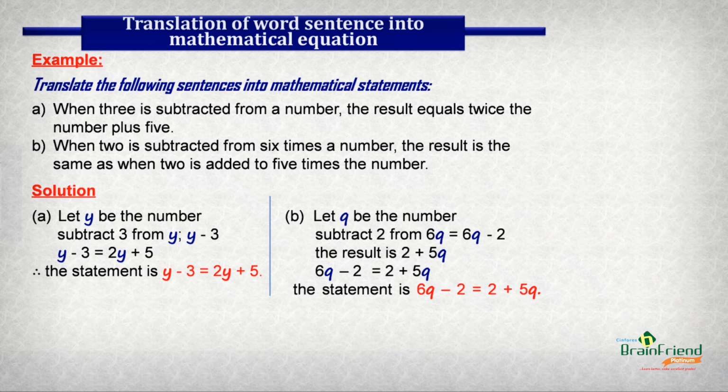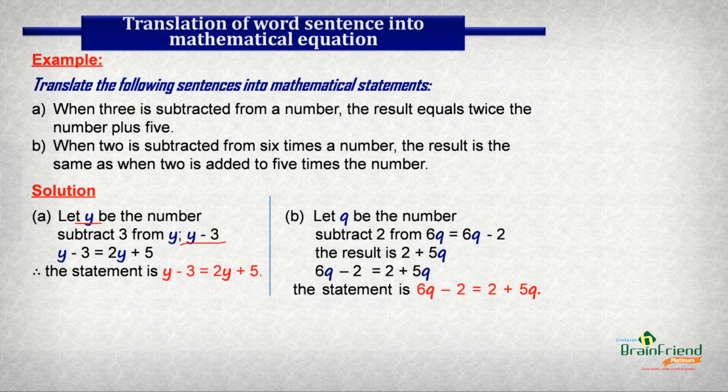Let's see some more examples. Translate the following sentences into mathematical statements. When 3 is subtracted from a number, the result equals twice the number plus 5. To solve this example, we have to give a name to the unknown. So we say, let y be the number. Now, the instruction says subtract 3 from a number. So we can take 3 from y.